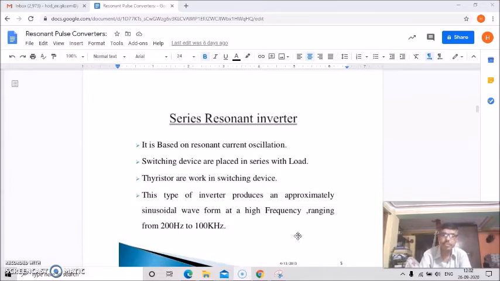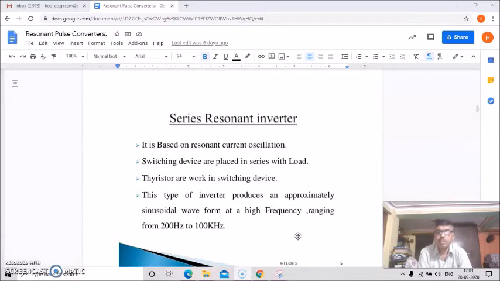Switching devices are placed in series with the load, and thyristors work as the switching device.